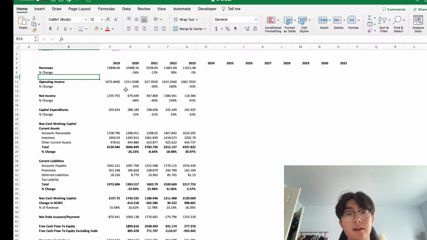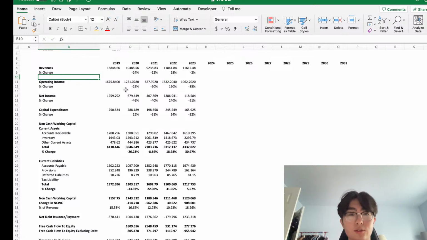And so when we're looking at non-cash working capital, we're looking at the non-cash related current assets. So that's going to be things like inventory and accounts receivable. Those are our two biggest ones. And then for our liabilities, we're looking at any current liabilities that aren't related to debts. And so this is usually going to be any type of accounts payable.